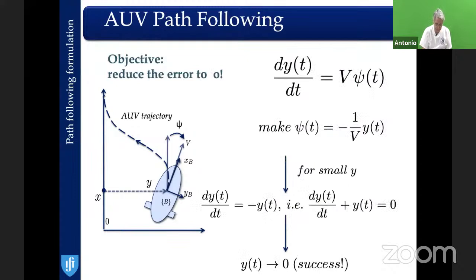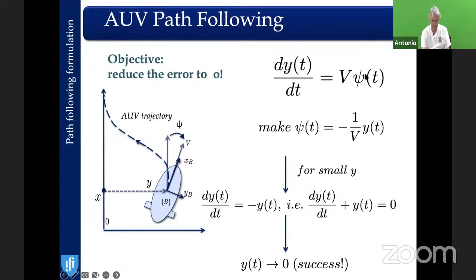Okay, so now what can I do to bring y to 0? So here is the model. dy dt equal to v times psi. Remember, psi is the kind of stuff that you have to play this game with. Now you have to come up with a control law for psi. And now use a trick that is very much used in controls, which is the following.